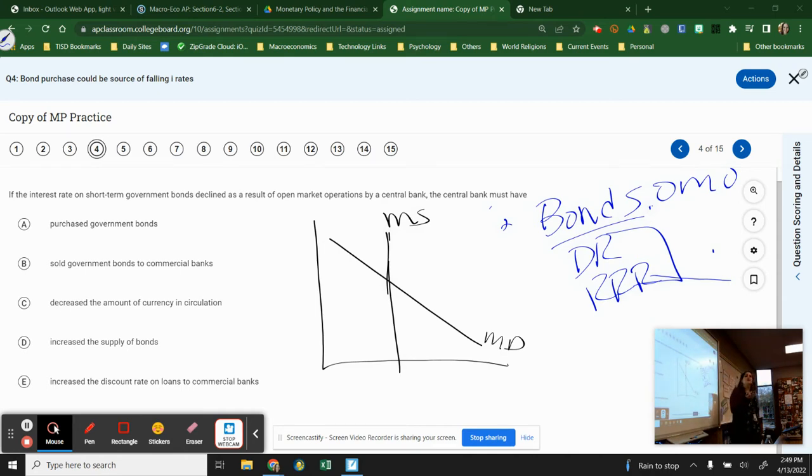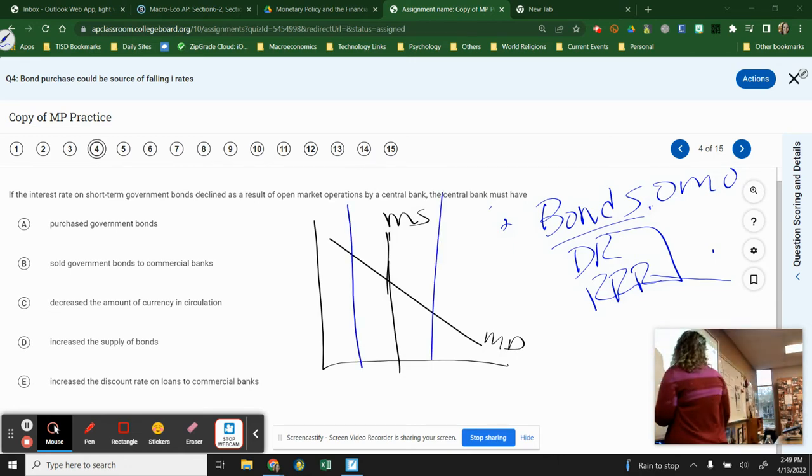It really isn't that big of a deal, but it helps. People know that buying and selling of bonds shifts money supply. They just forget the direction. Does buying bonds shift to the right or shift to the left? Or what does selling bonds do? I know they're the opposite, but which direction is it? So I love spring break. We read from left to right. Spring break: selling bonds shifts money supply to the left.